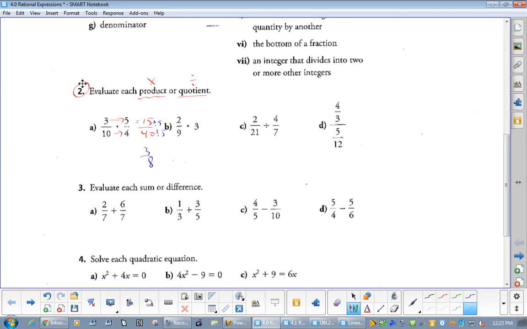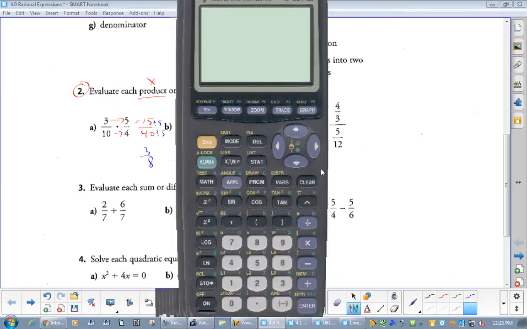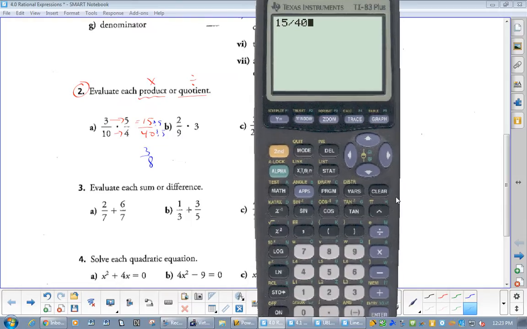Now again, you guys know how to use your calculator for that, right? All you do is go 15 divided by 40, hit your math, enter, enter, and it'll reduce it for you.